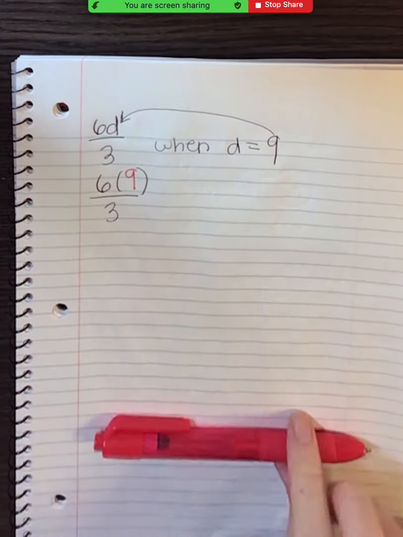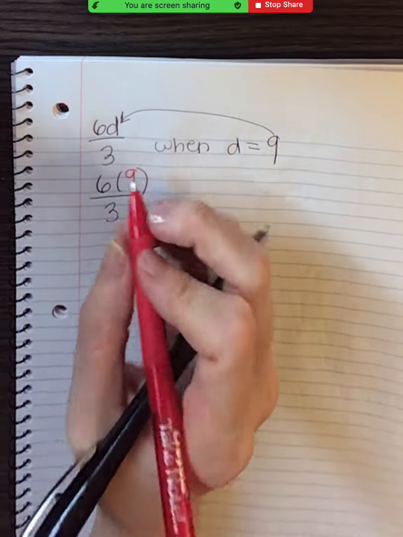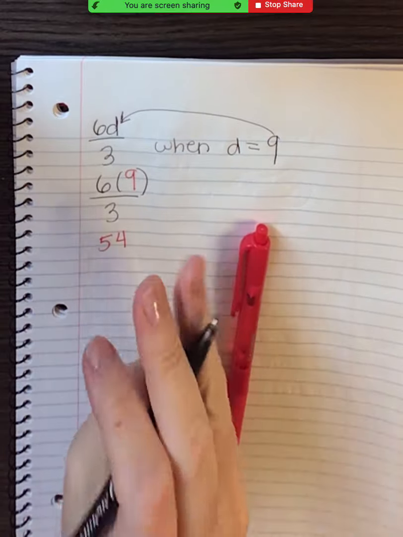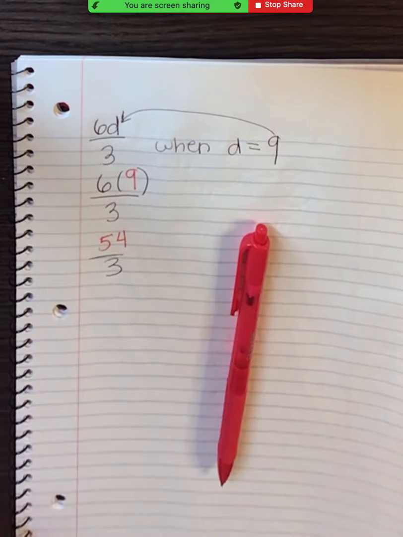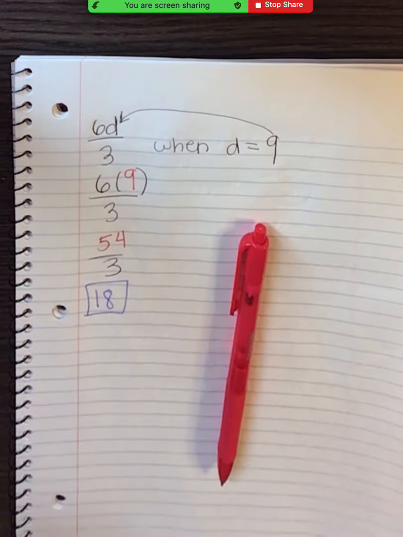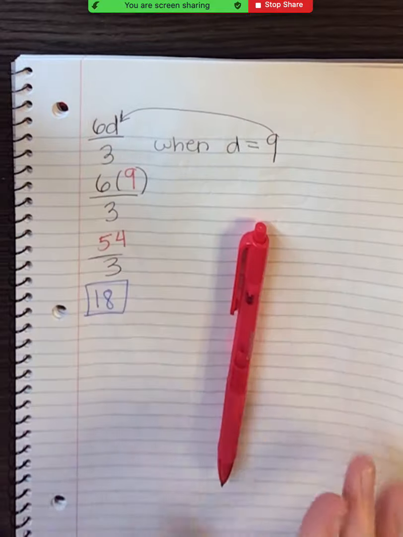Order of operations, we're going to do 6 times 9 first, which is 54. And 54 divided by 3 is 18. So we've evaluated the expression given a number for our variable.